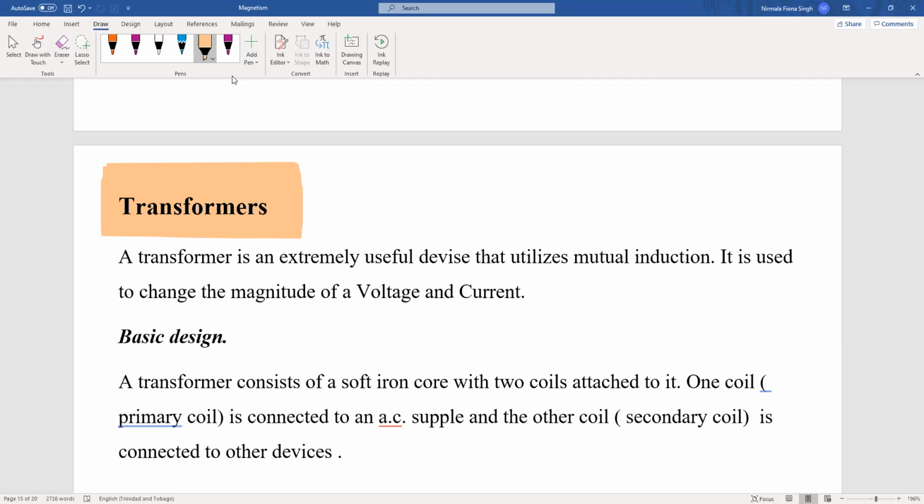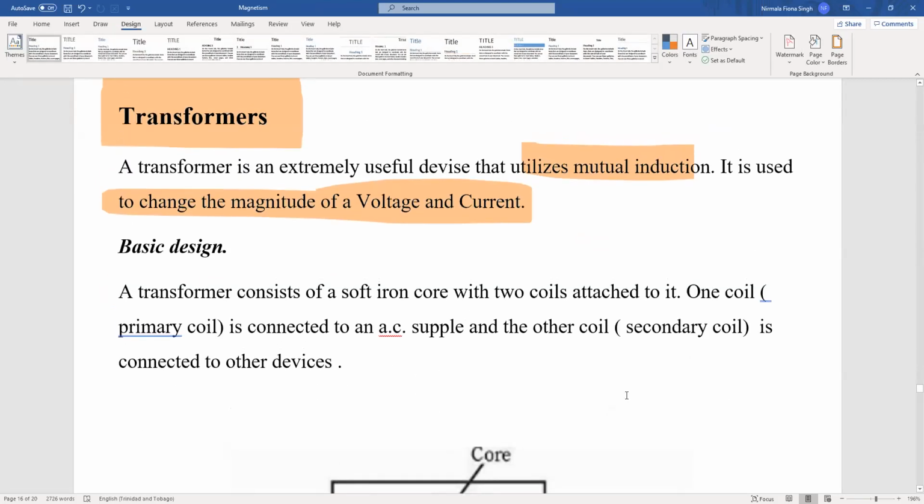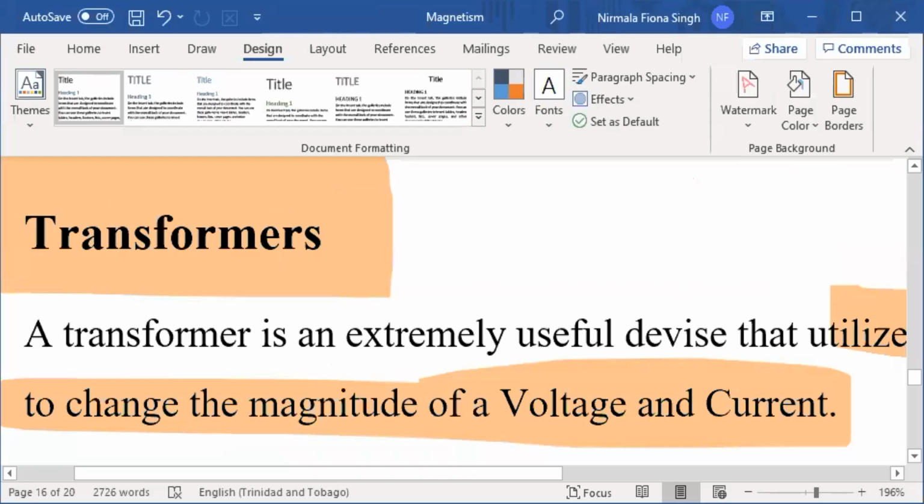So let's read. A transformer is an extremely useful device that utilizes mutual induction. It is used to change the magnitude of a voltage and a current. Now, have you all ever noticed a gray cylindrical box out on an electrical pole?